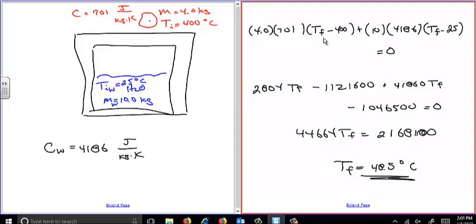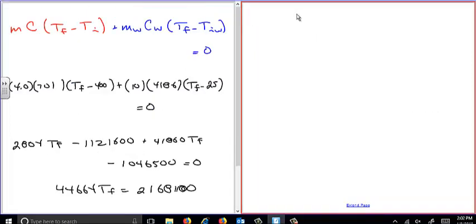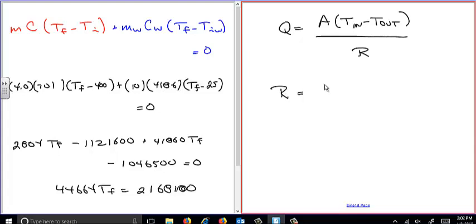Again, the other option is I could give you the final temperature and you could calculate the unknown specific heat. And then you've got the heat transfer calculation. So it all comes down to a few things. One is that heat transfer is equal to area times T in minus T out, divided by R, where R is the summation of the R values, R sub i, however many layers you have.